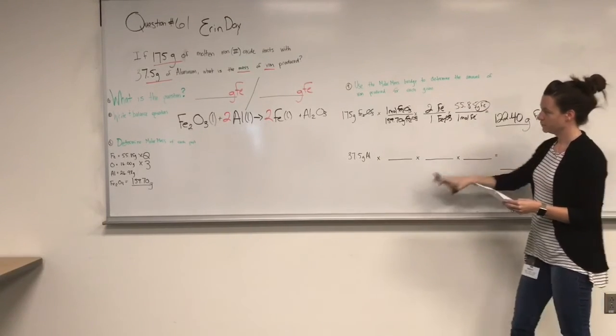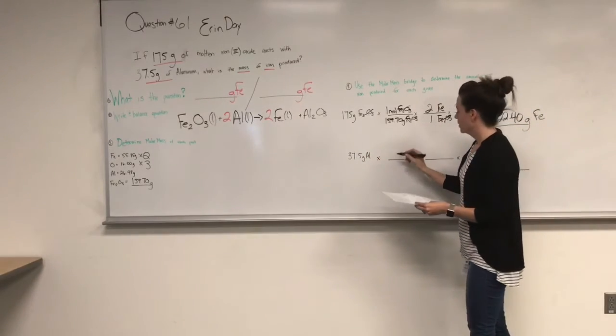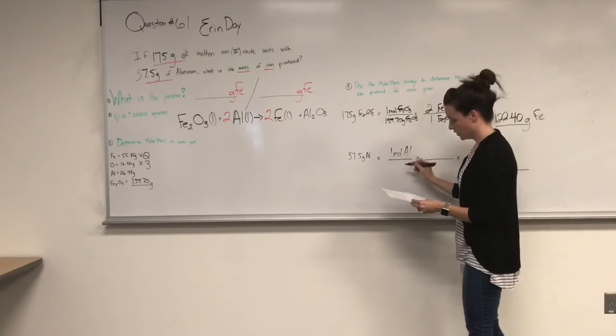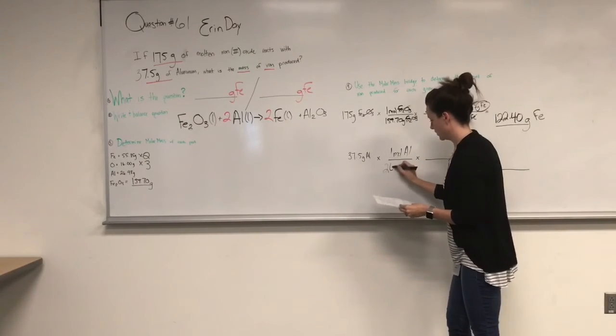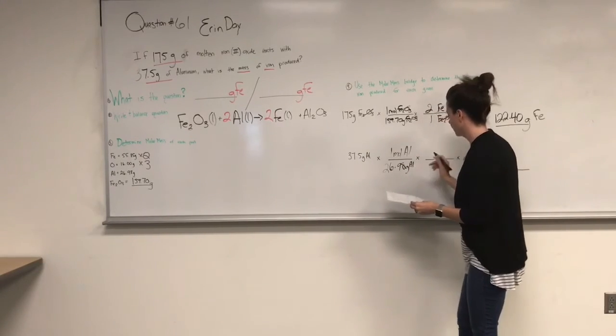We're going to do the same thing with our given of 37.5 grams of aluminum. So we're going to have 1 mole of aluminum over its molar mass, which is 26.98 grams of aluminum.